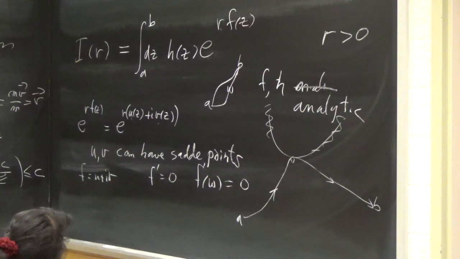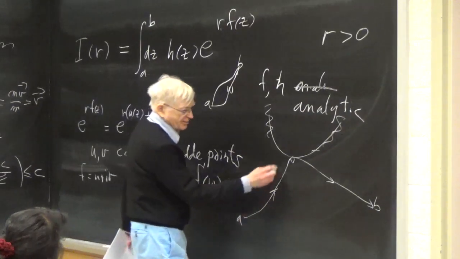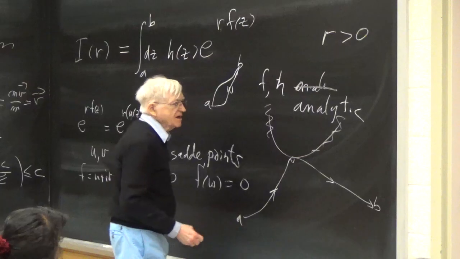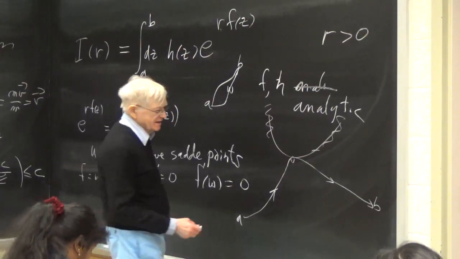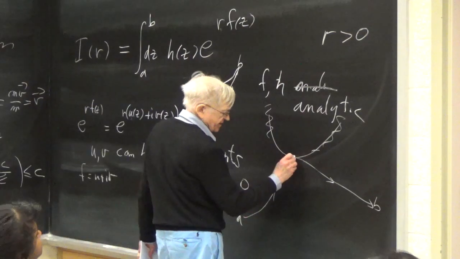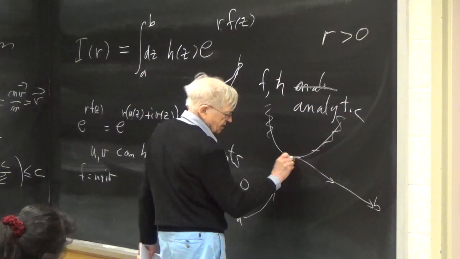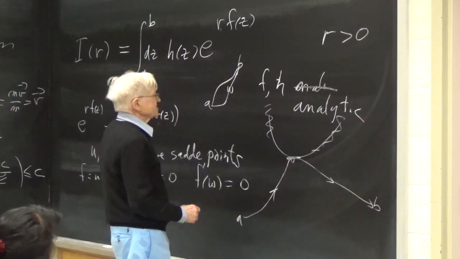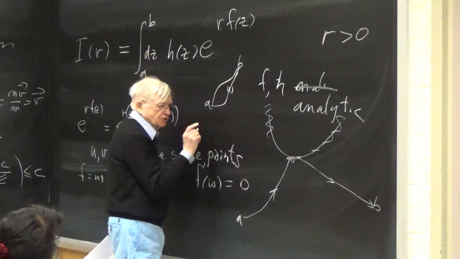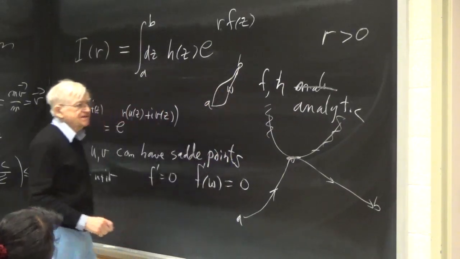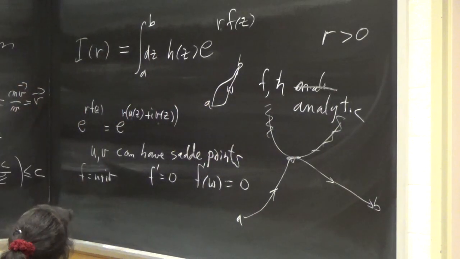And so we basically follow a trajectory like that. And this will be dominated by the integral near that, and so we're going to choose to go through W in such a way as to make it Gaussian.